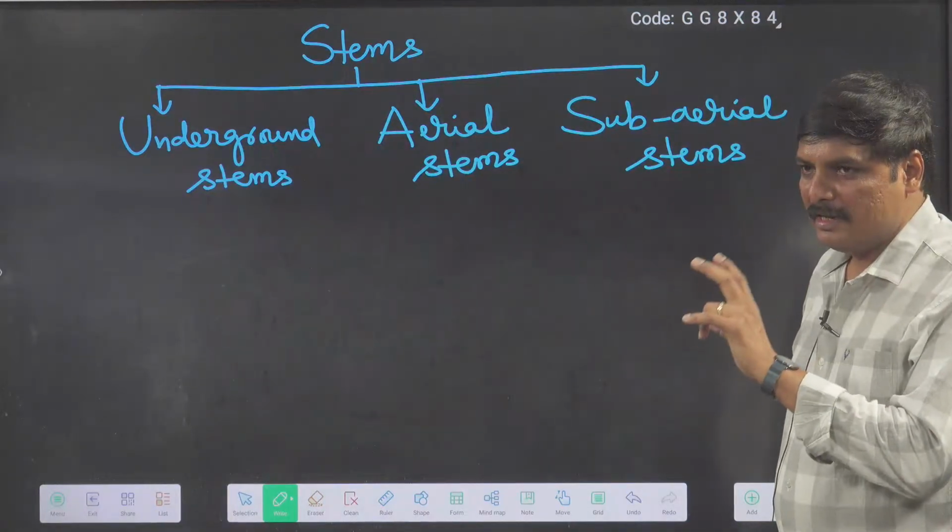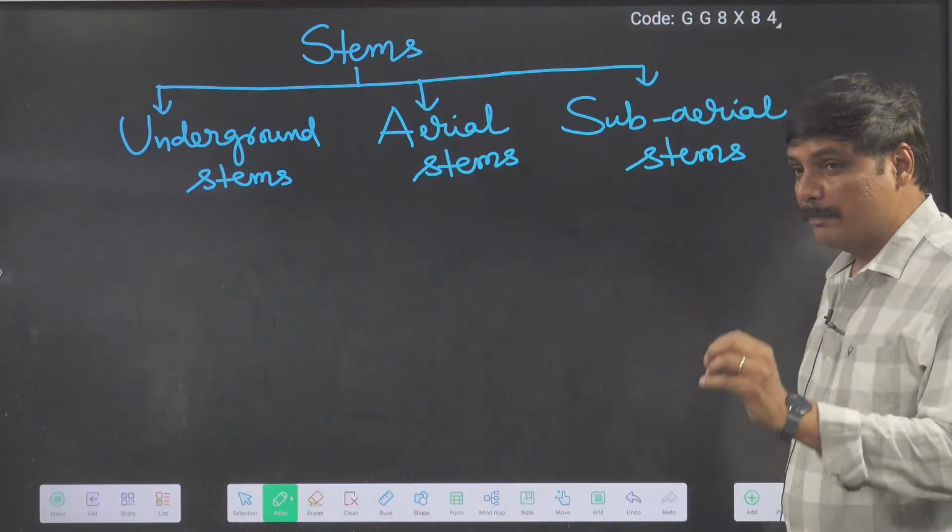Now let us see the modifications of the stems briefly.